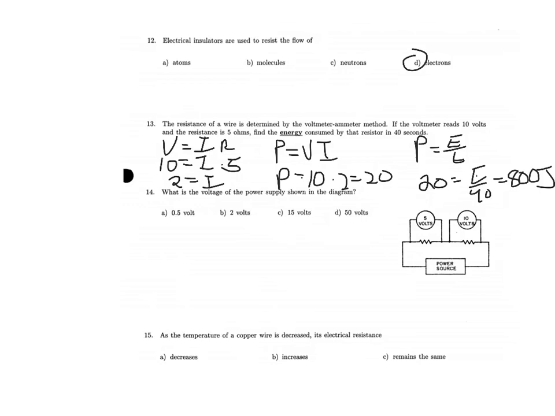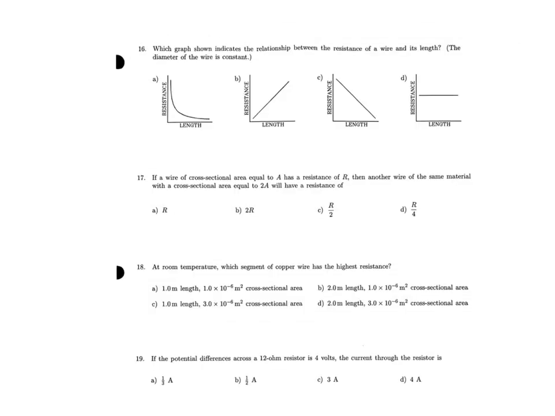What is the voltage of the power supply shown in the diagram? Well, again, if you've got 5 volts in one spot and 10 volts in another spot, the total must be 15 volts, which is C, because you just add those together since it's in series. As the temperature of a copper wire decreases, the electrical resistance would decrease as well. That's number 15. Number 16, which graph shown indicates the relationship between the resistance of a wire and its length?